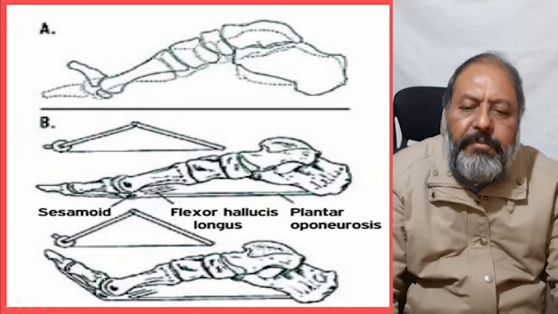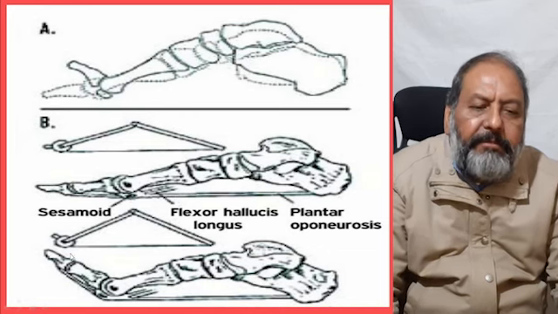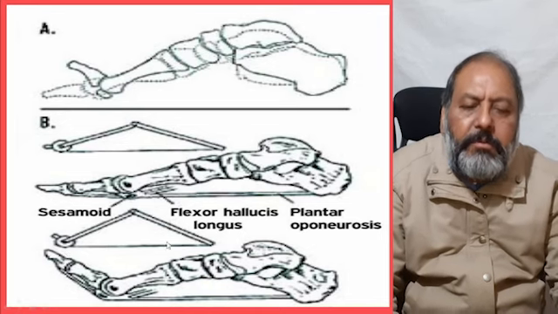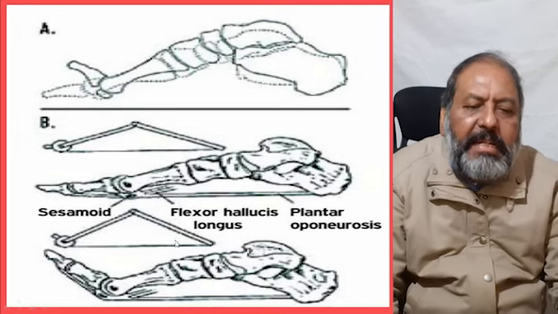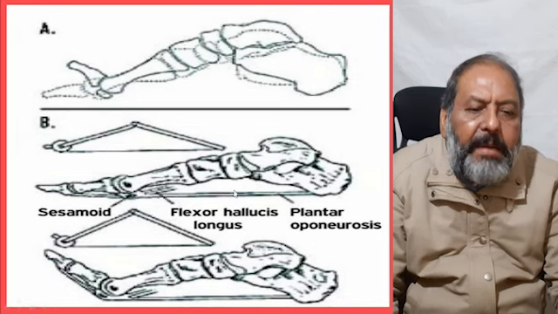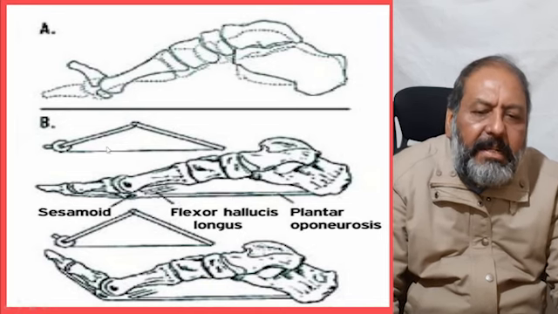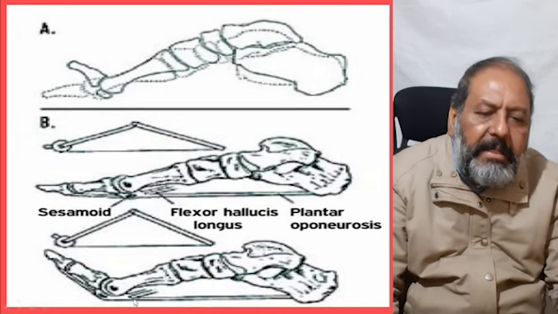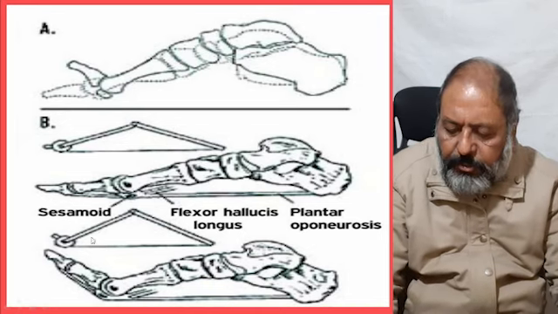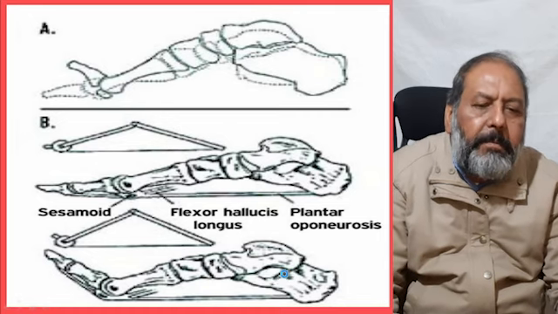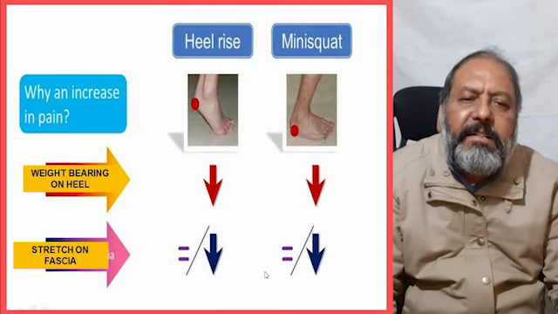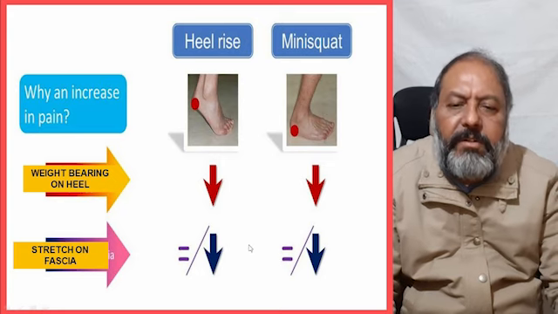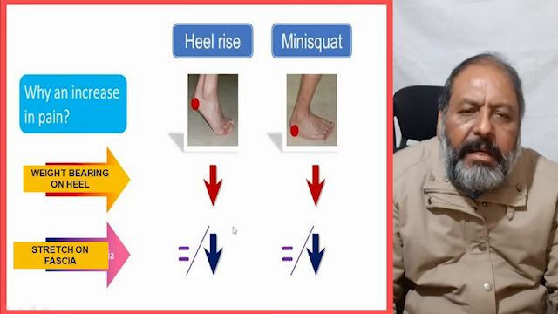But here, if you just lift the foot, there is a shorter triangle. So one can see the plantar aponeurosis is longer in this case and shorter in this case, as shown by the triangles.